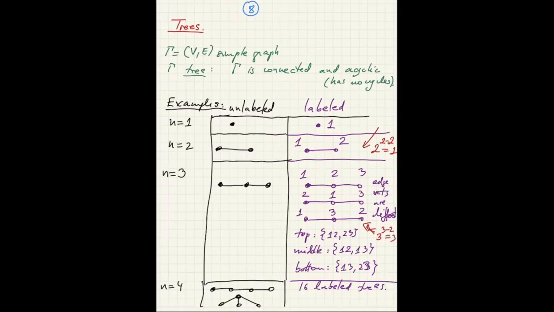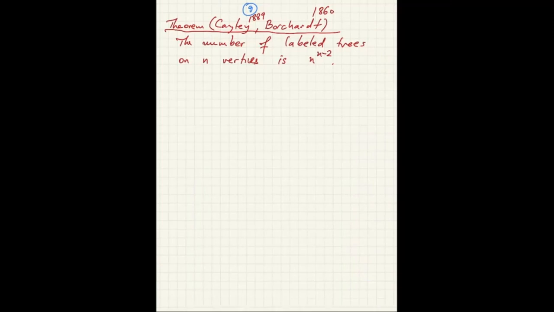And this number 16 comes from 4 to the 4 minus 2, which is 16. So we will prove this in the next lecture. But before we do that, let's discuss some properties of trees. So let's draw some more trees. Let's see, n equals 5. We have a path, 5 vertices. You can have one of these stars.